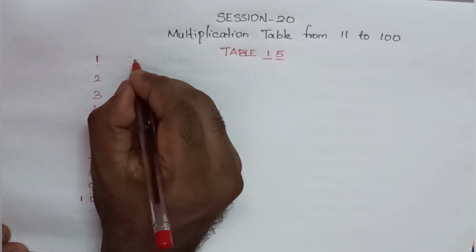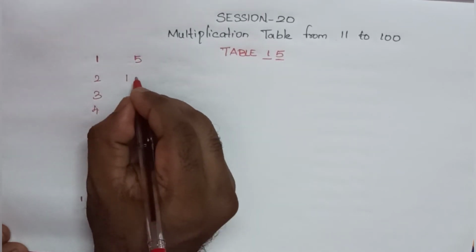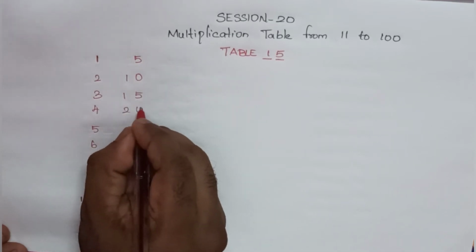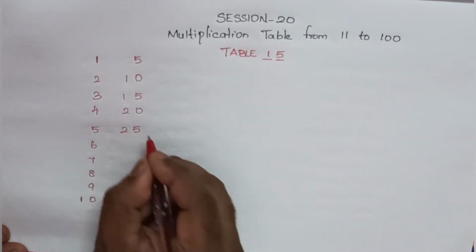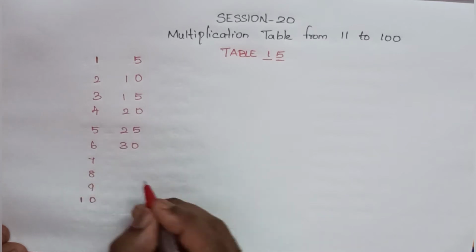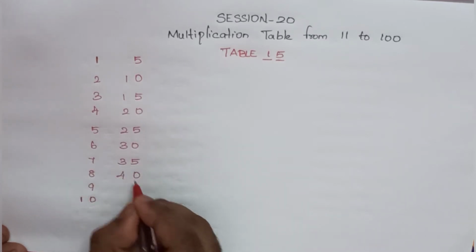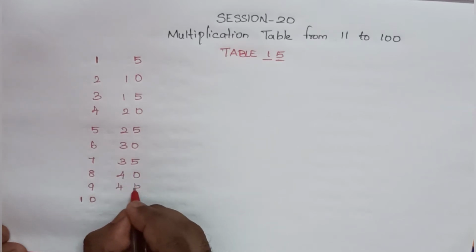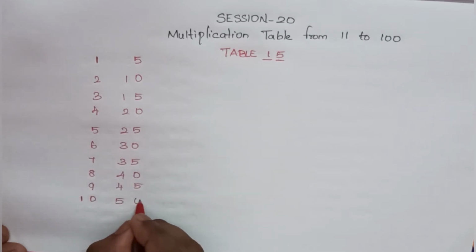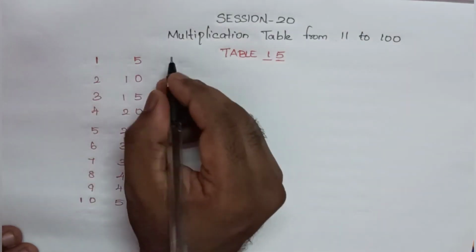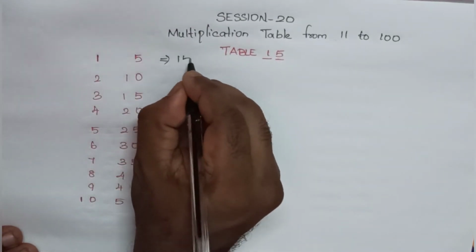Then 5 table: 5, 10, 15, 20, 25, 30, 35, 40, 45, 50. Now you have to join both the digits. So 1, 5 is 15.